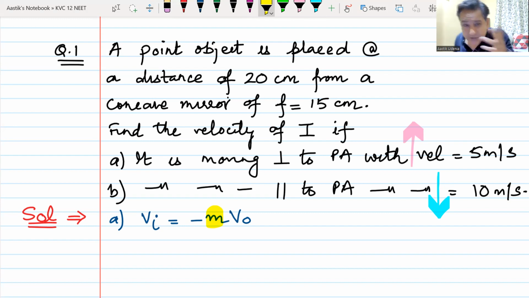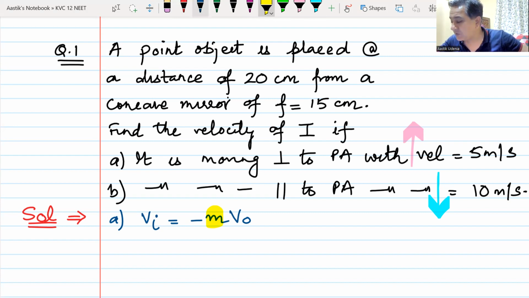Why calculate minus v by u when you can straight away get the value of magnification?